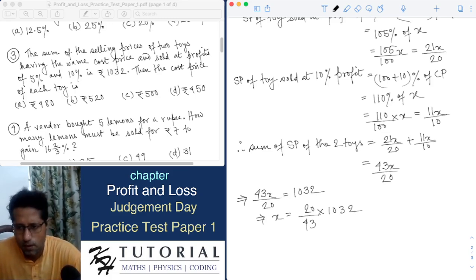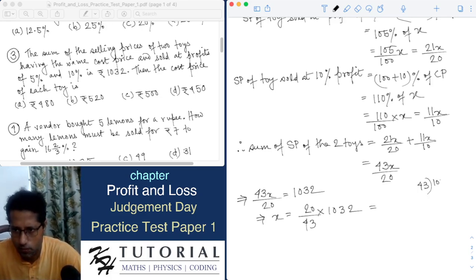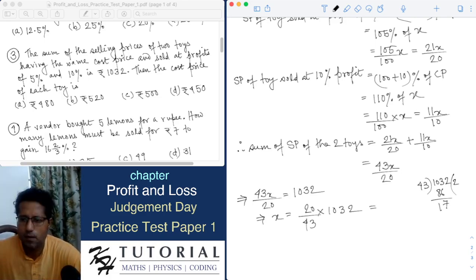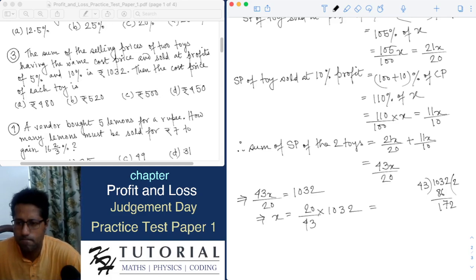1032. This is equal to how much? 43, I think, should divide 1032. Let's see. 2, 86, 7, 1, 2, and this is 4.